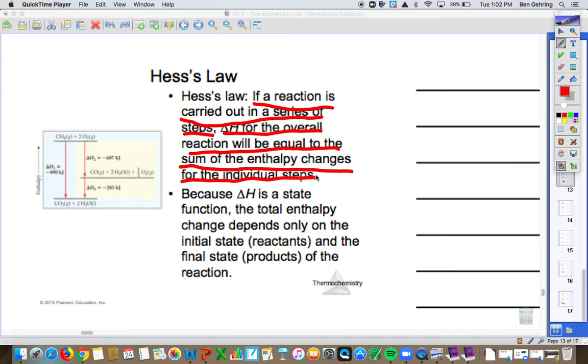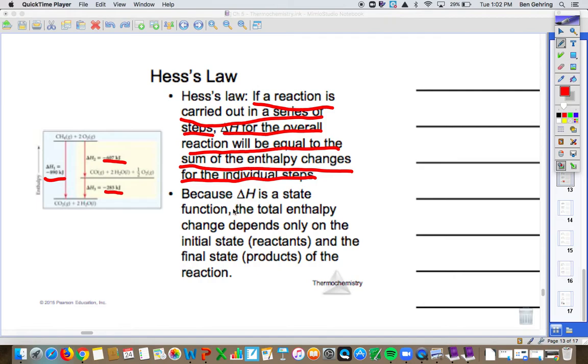For example, on the left you see a delta H value of negative 890 kilojoules when you burn, it looks like methane and oxygen to produce carbon dioxide and water. In this, the delta H of the first step is negative 607 kilojoules, and for the second one is negative 283 kilojoules, and if you add those together you get negative 890, and that's what Hess's law tells you.